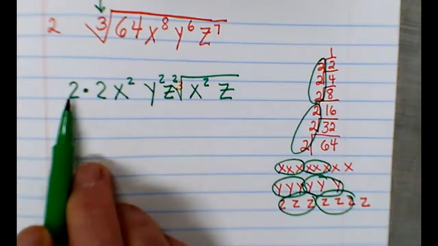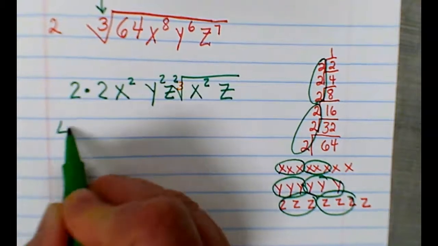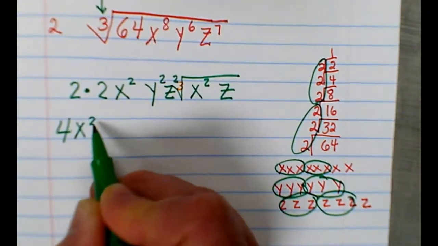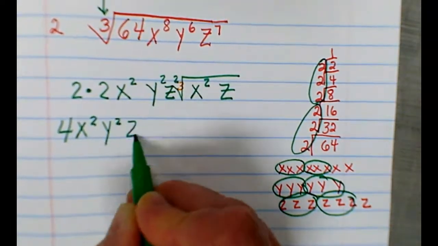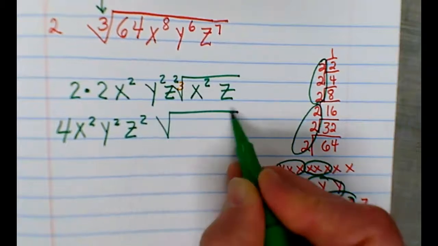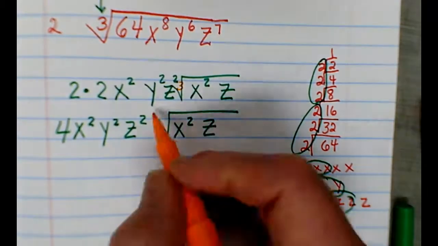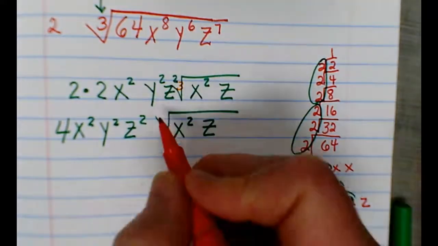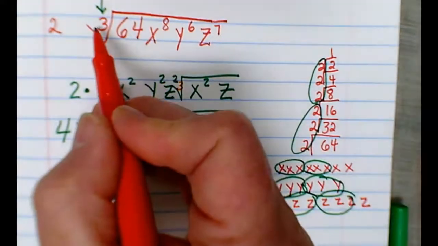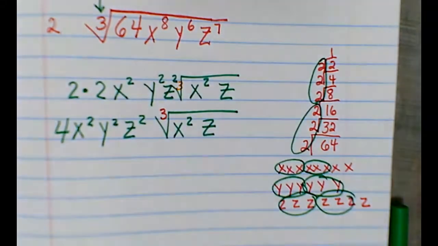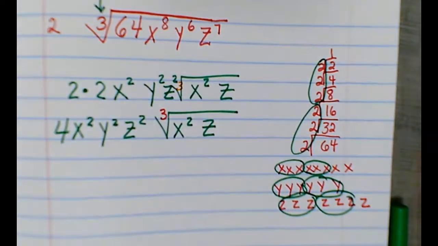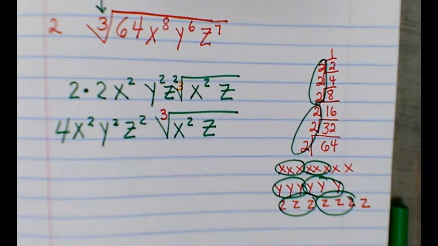I need to rewrite it anyway because 2 times 2 is 4. And then left over, and this has an index of 3 because the original problem had an index of 3. Index of 3 just means I'm looking for groups of 3 instead of groups of 2.